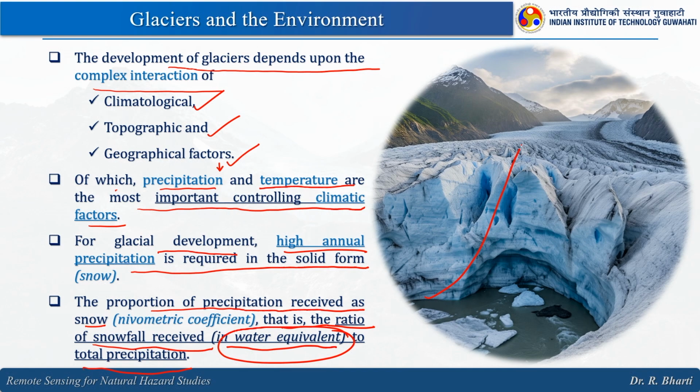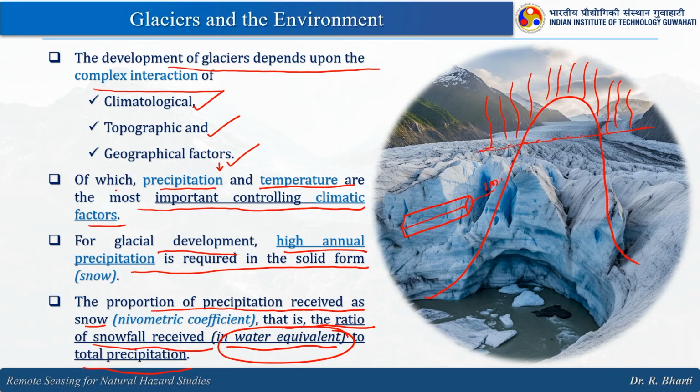Let us see, if this is a mountain, and here the climatic condition supports snowfall, the solid precipitation, right. So this is the line from where you are having the solid precipitation. Now what happens: in the first few years, let us say in winter it accumulated maybe 1 meter, then comes the summer season, and then again you have accumulation, so the melting was less.